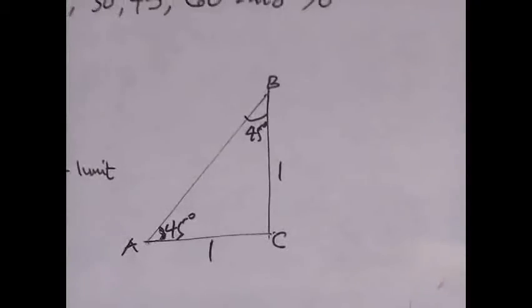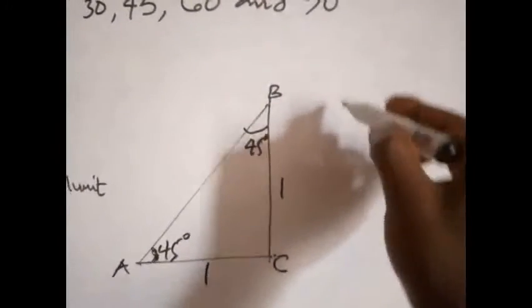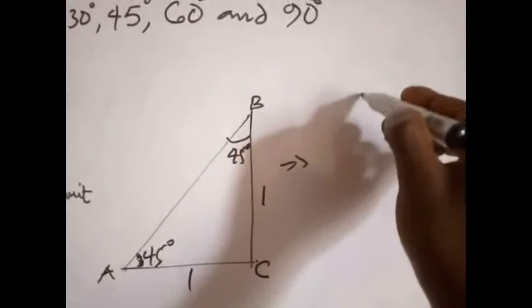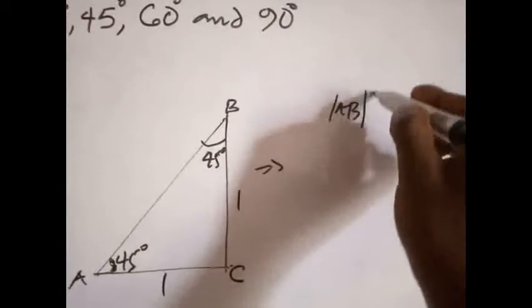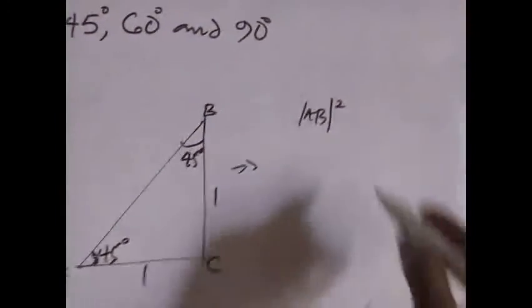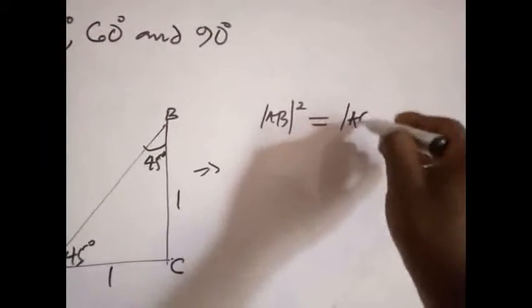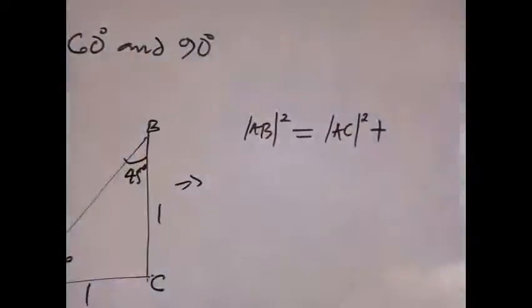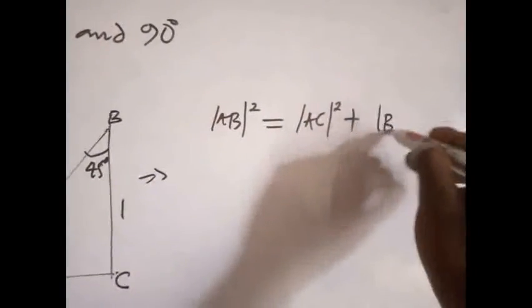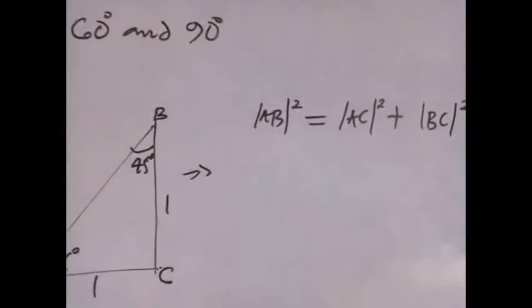So to know AB, which is side AB raised to power 2, equals AC raised to power 2 plus BC raised to power 2.